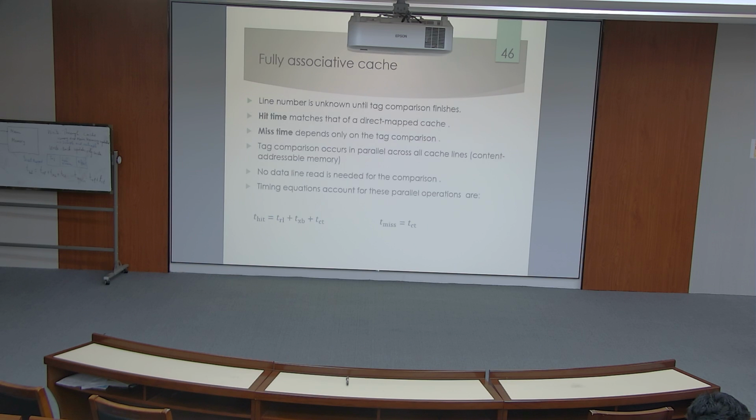Now we have to talk about fully associative. The line number is unknown until the tag comparison is finished. If you still remember, for the fully associative, we only have the tag and the offset.